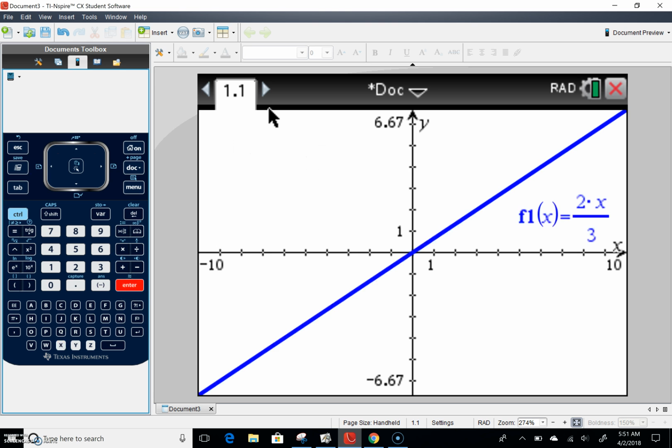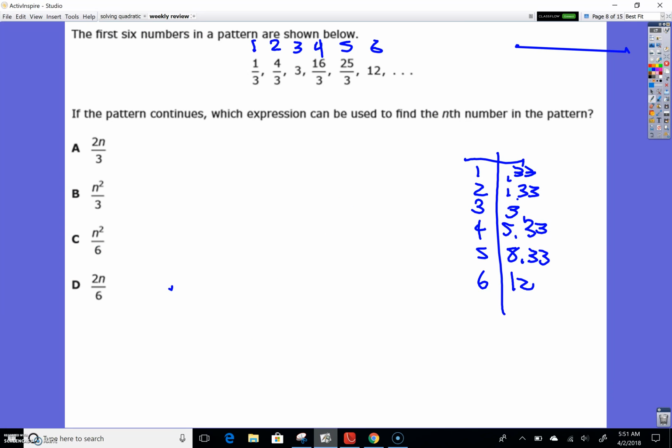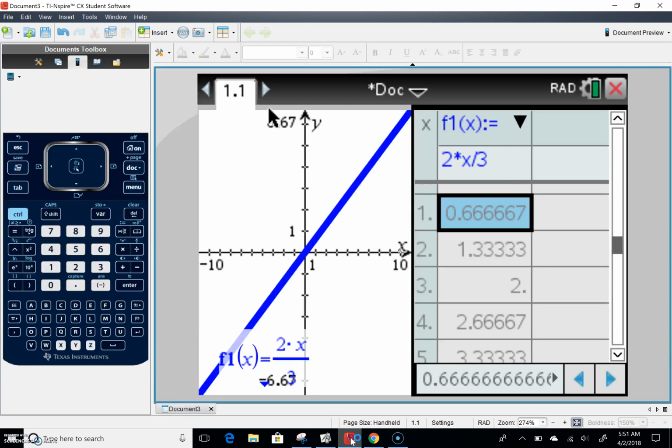Enter. Remember, I go to Control T to get to my thing. So we already know the first one is incorrect. So I'm going to go to my next one, which is x squared divided by 3.